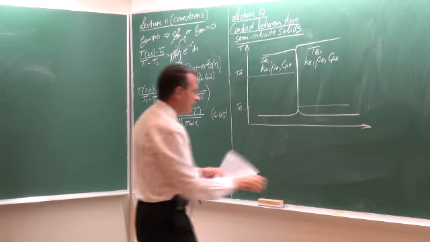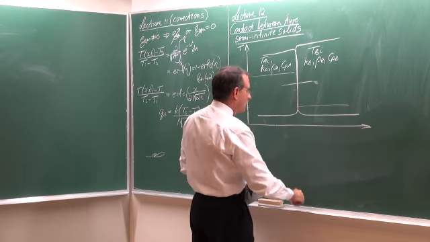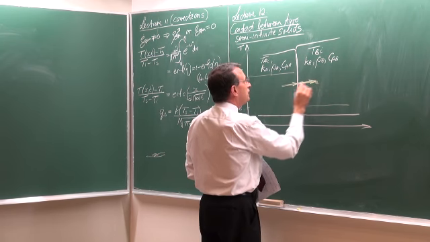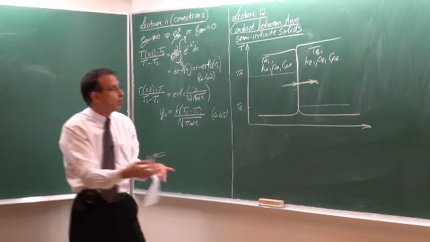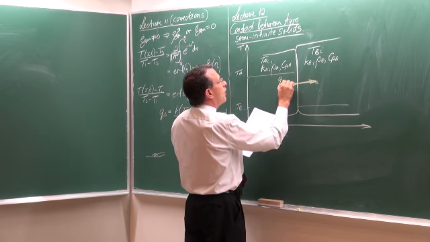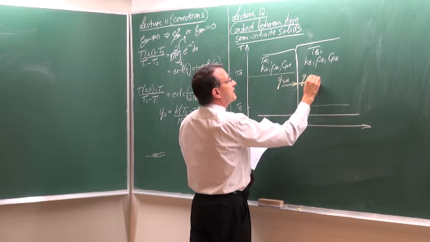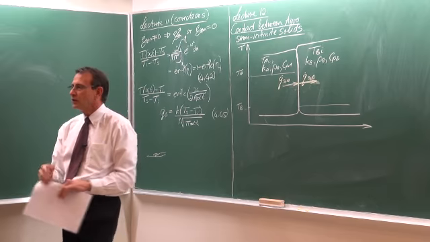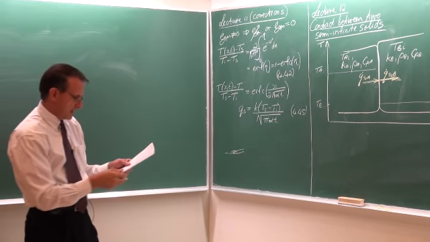But if these two bodies make contact with each other, we know that if there is a temperature difference, then heat is going to flow from the one body to the other, and the heat flux of the one must be equal to the heat flux of the other, because there's no other place where the heat can go. So the heat transfer is from body A to body B.